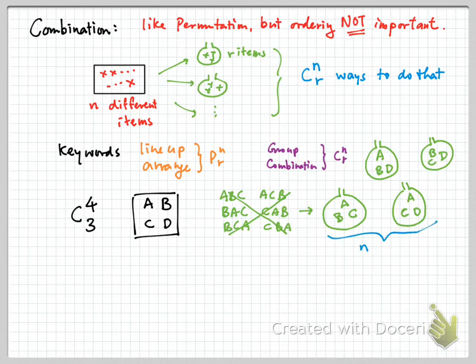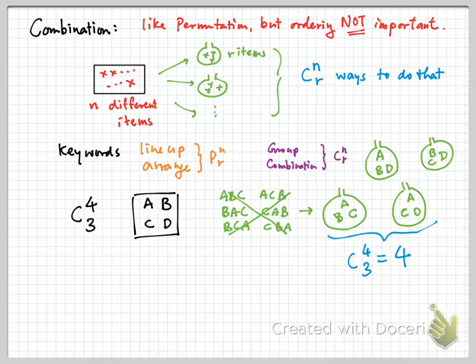So we have 4C3 equals to 4. That is the meaning of NCR. 4C3 equals to 4 because there are 4 such combinations, 4 such groups you can make out of the 4 letters A, B, C, and D. So that is the meaning of the NCR.